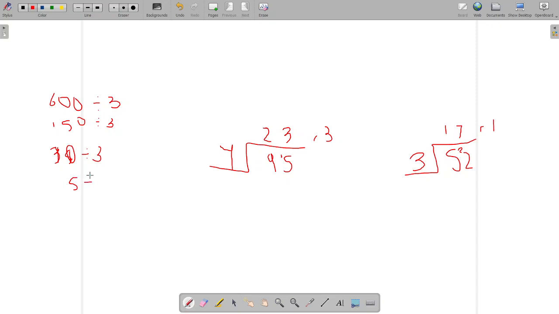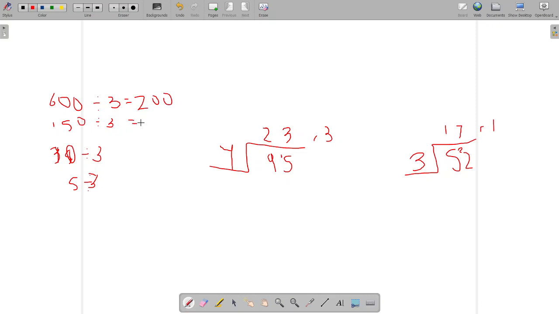Divided by 3. Okay, we can do it that way because that adds up to 750, 780, 785. So this is going to be 200, right? And this one will be 150 divided by 3.